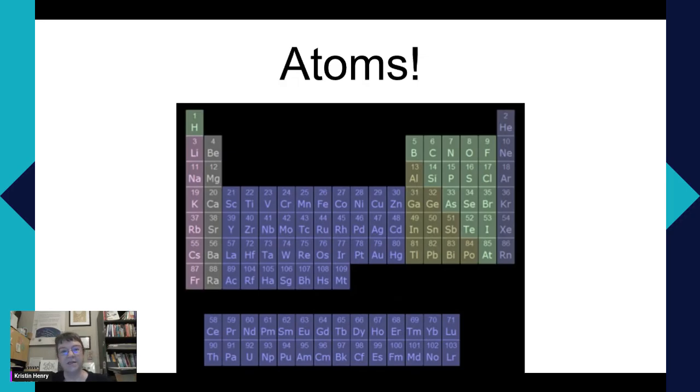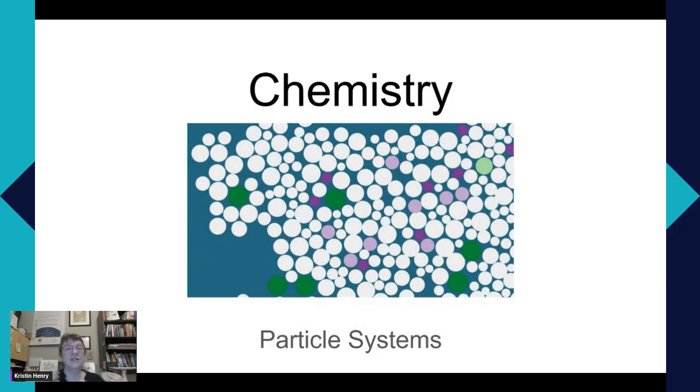When I created this table, it was originally interactive, but the technology I created it with doesn't really exist anymore. So this leads to chemistry. For me, this is how I think about atoms. They're just little balls bouncing around, bouncing against boundaries, bouncing against each other.